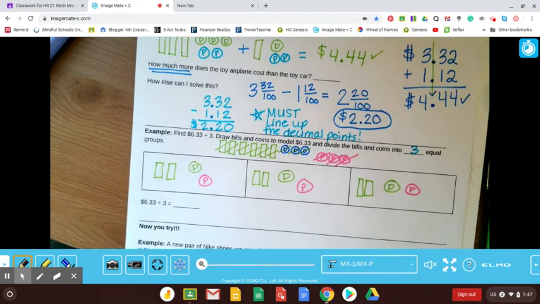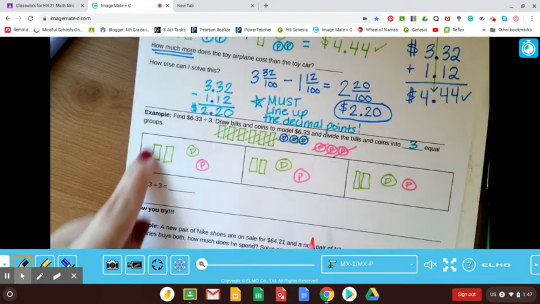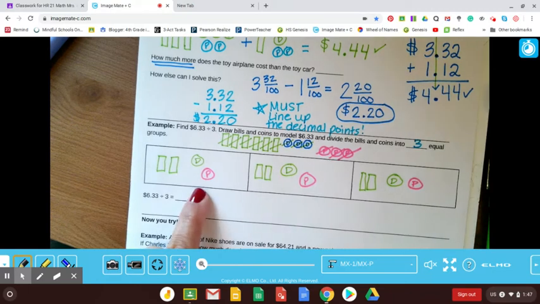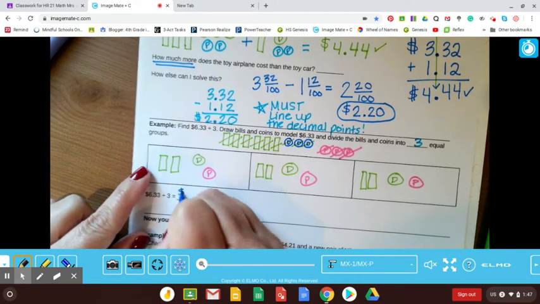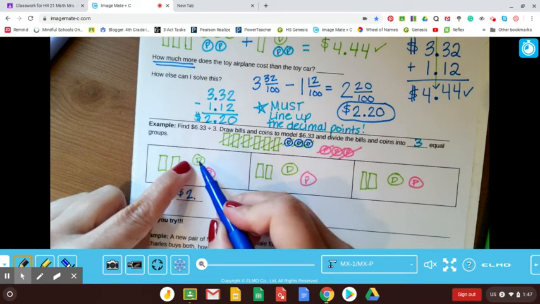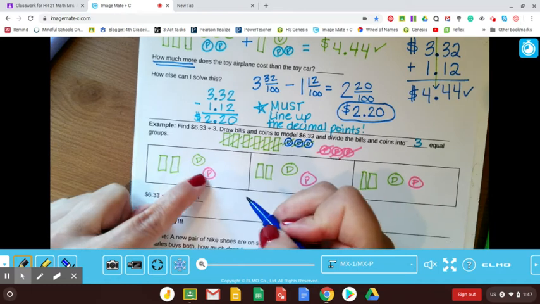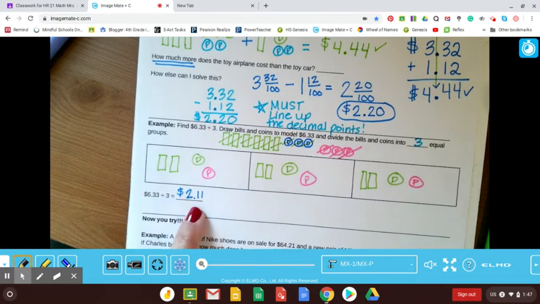All right. So now I can simply add up what one of the groups' value is and get my answer. So I have $2, right? And 1 dime and 1 penny. So it would be $2.11, and that would be my final answer, right? Okay.